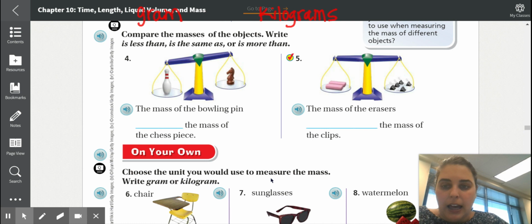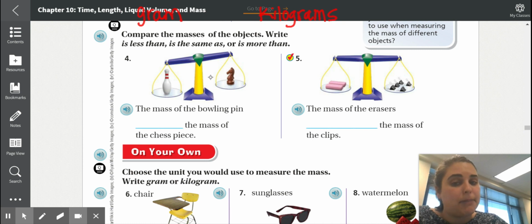So looking at number 4 and 5, it says, compare the masses of the objects, right? Is less than, is the same as, or is more than. So the mass of the bowling pin, is this bowling pin less than the chess piece? That's a toy piece.